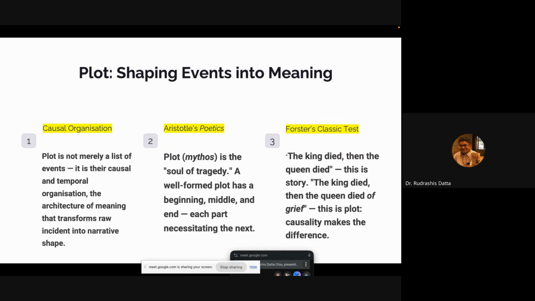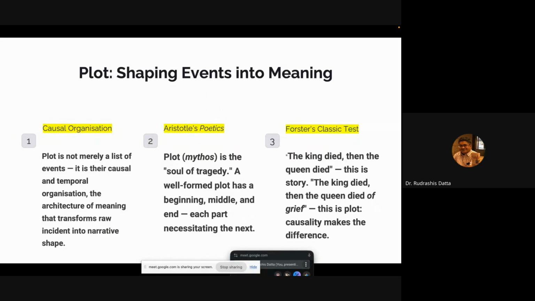That is, when you say, it was raining very heavily since the morning and I reached my office late. This is a plot. Why? Because you are telling the reason why you reached your office late, because it was already raining. Okay, this is a plot.